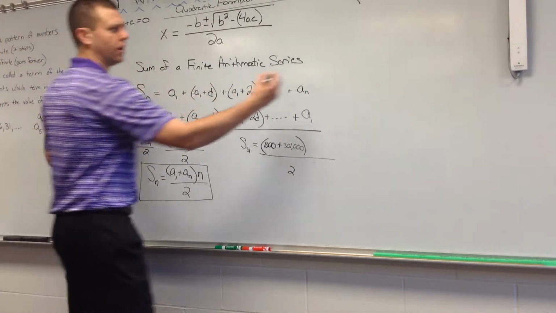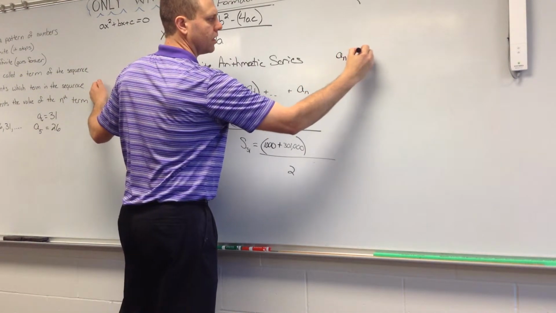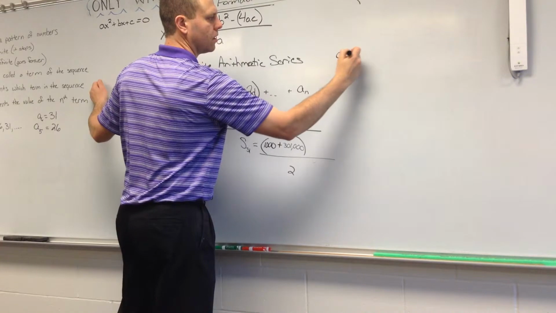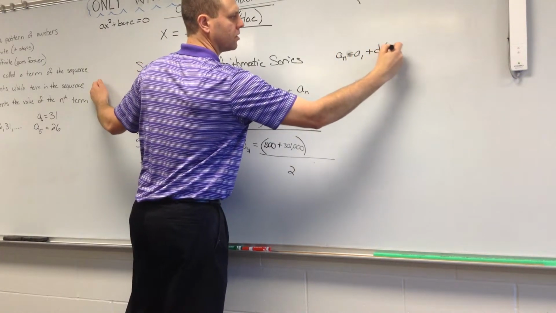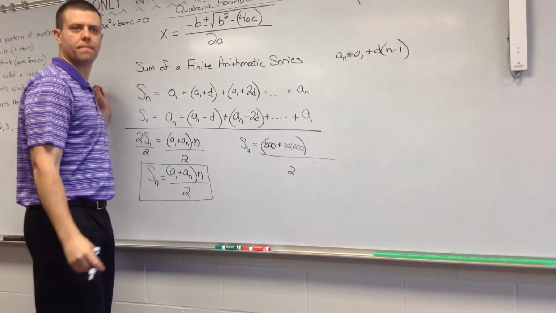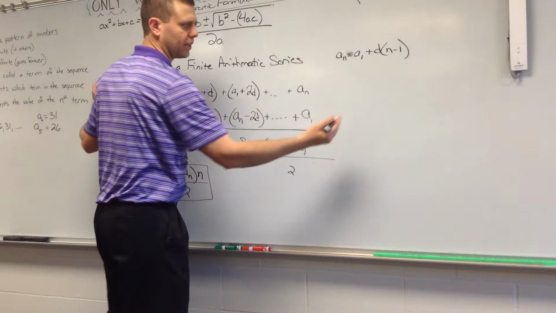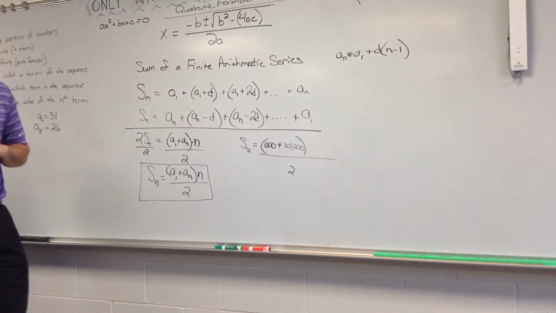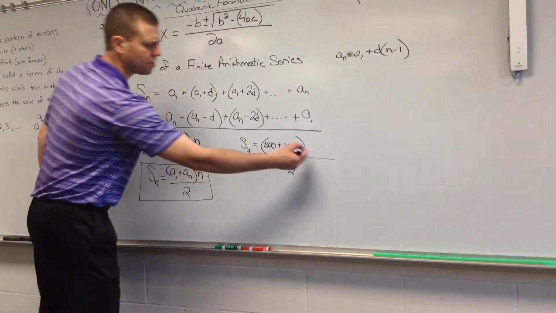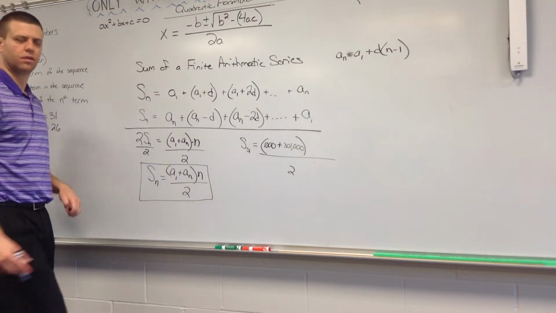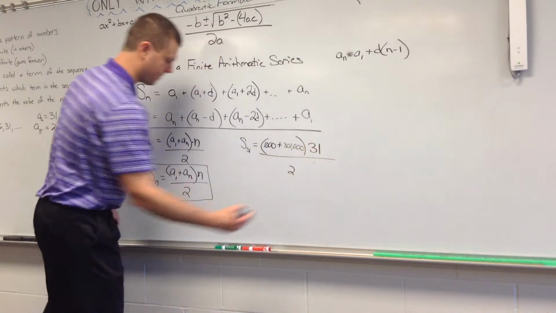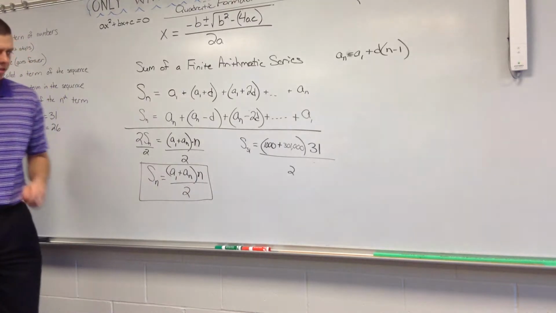The equation. The rule, right? A sub n equals your first term plus n minus 1 times the difference. You could use that to figure out the 31st term, which a lot of you had done. And then how many terms are there? 31. That's what n represents, the number of terms that there are.